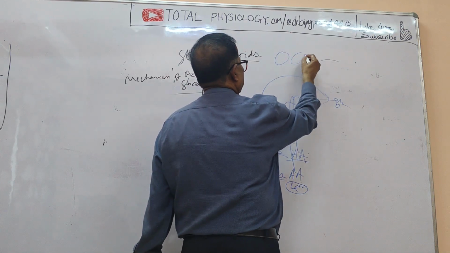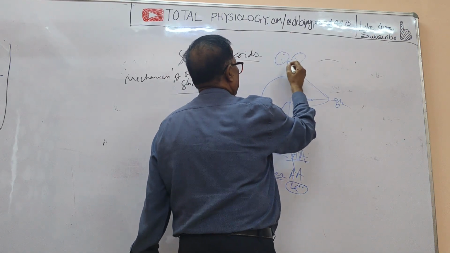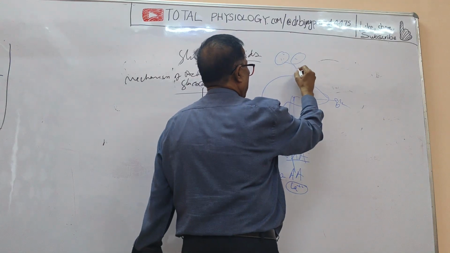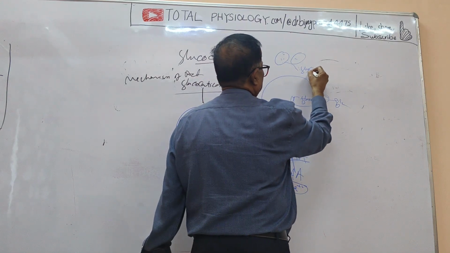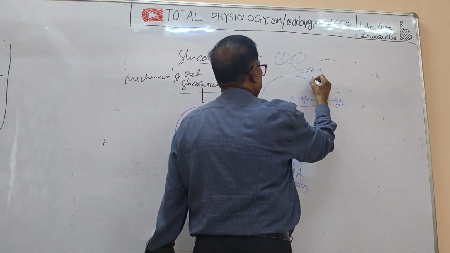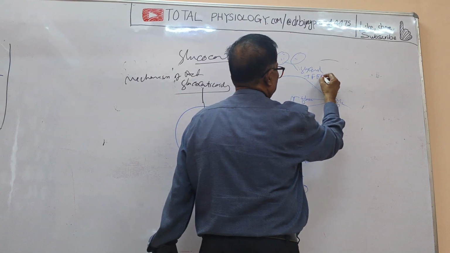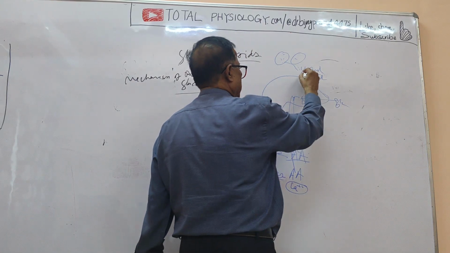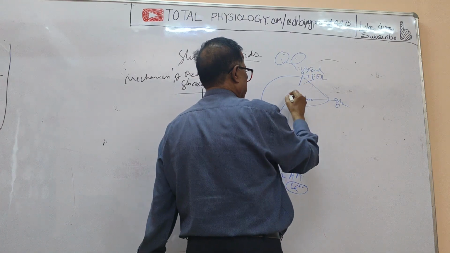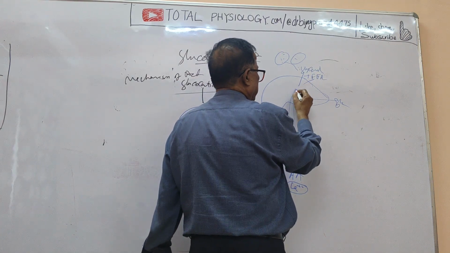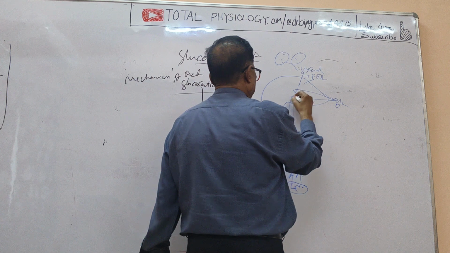From fat, lipolysis will occur and glycerol and free fatty acids are released. This glycerol and free fatty acids go into the liver and also form glucose.